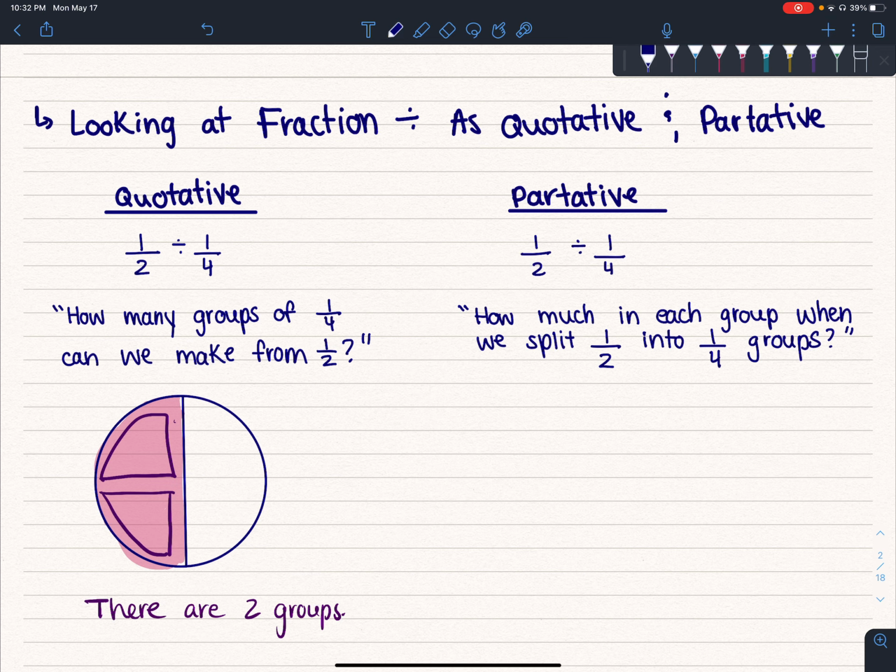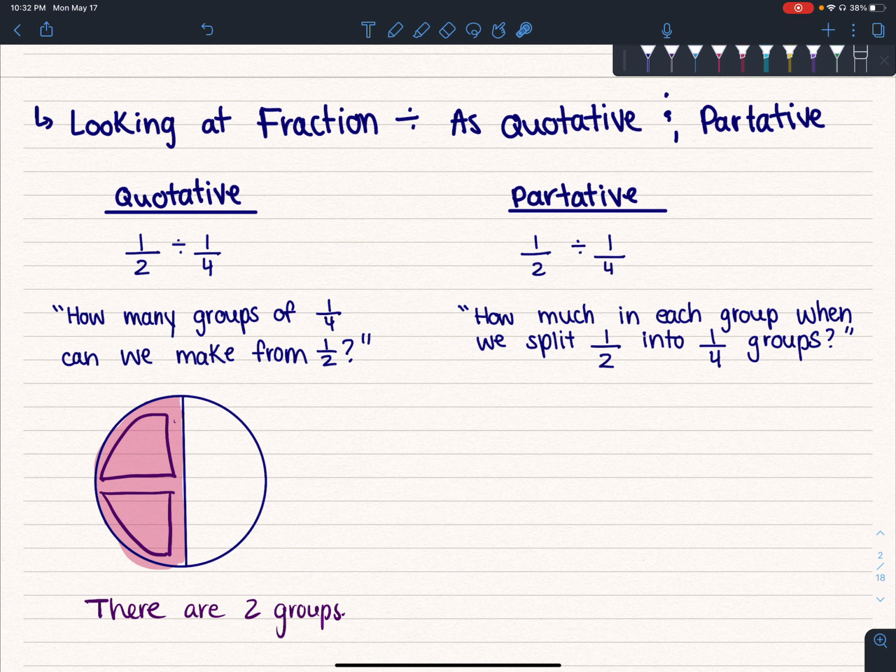How much in each group when we split a half into a quarter groups? But what does a quarter group look like? What is this question even saying? Its English doesn't make a lot of sense.